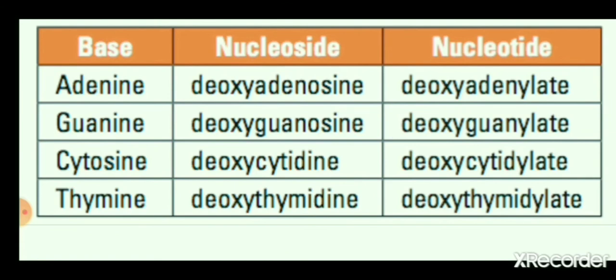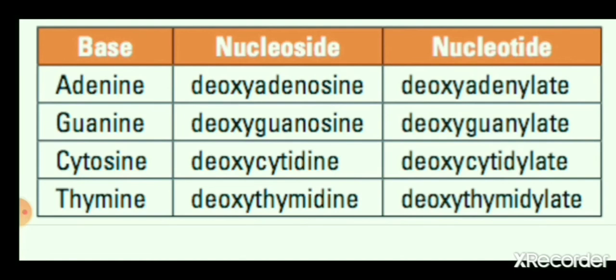Followed by guanine. When guanine is attached with the deoxyribose sugar, it is called deoxyguanosine. It is the nucleoside for guanine. And when the nucleoside deoxyguanosine is attached with a phosphate ion, it is called deoxyguanylate.